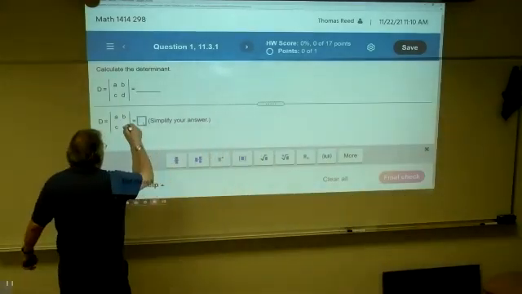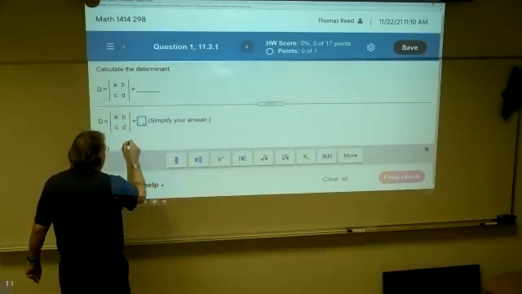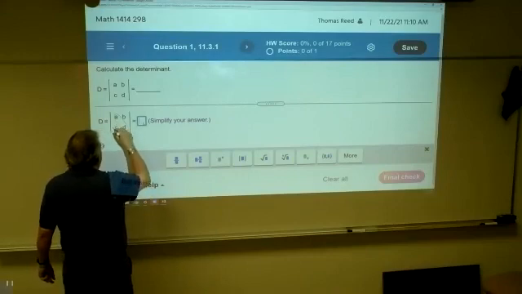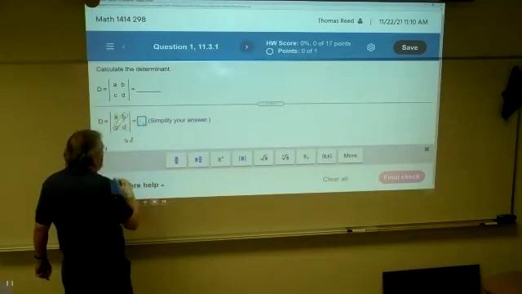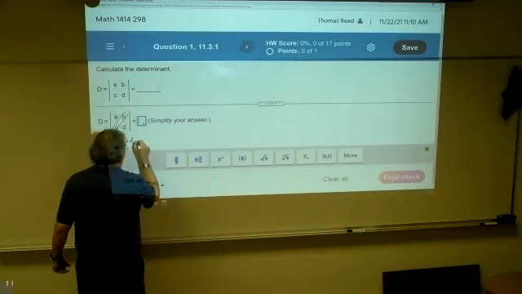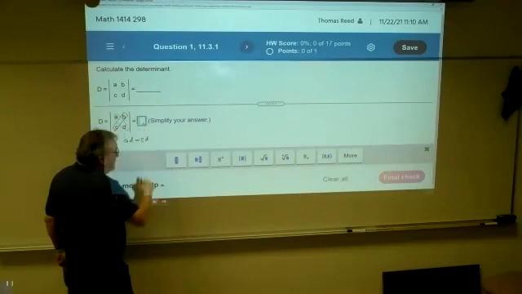We have this diagonal, which is the main diagonal, so that's A times D. And then we have the diagonal going in the opposite direction. Since it's opposite, we're going to subtract that product, C times B, and that's what they want you to type in there.